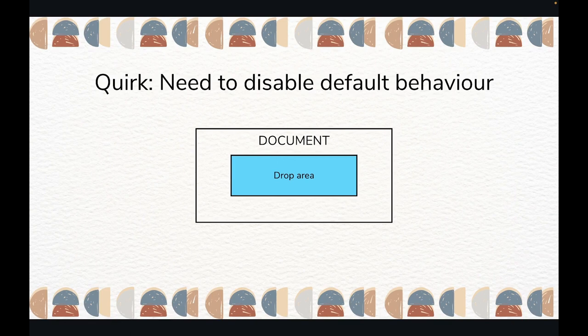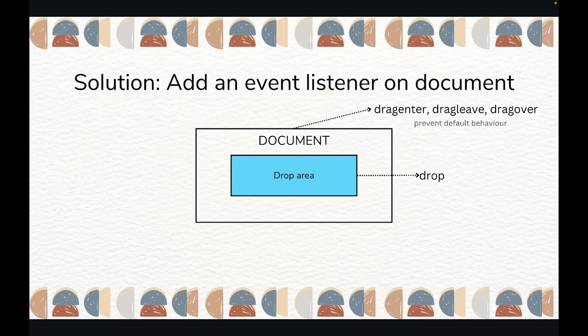So this is a very annoying quirk of browsers and the drag and drop API particularly, which is if you don't prevent default behavior on drag events, even though you are dropping and you only care about the drop event, it would still show you that default behavior, which is opening the file inside the browser. And so the idea is basically to prevent the default behavior by adding all those listeners.